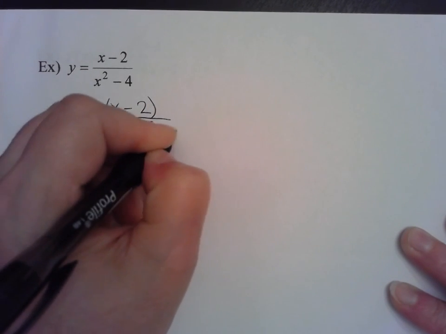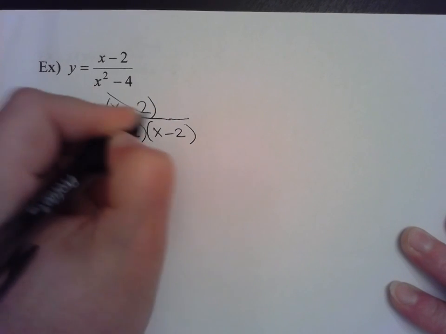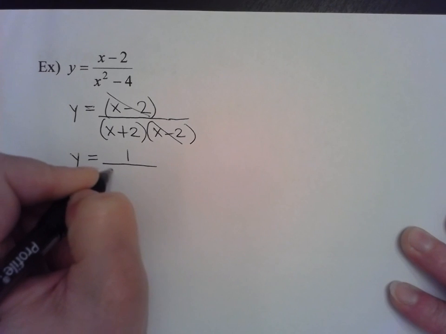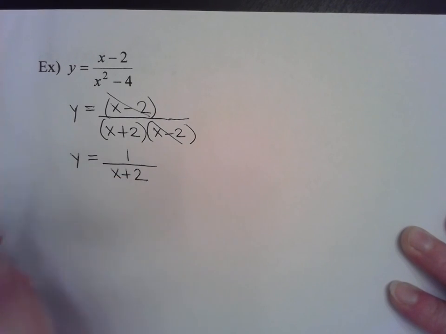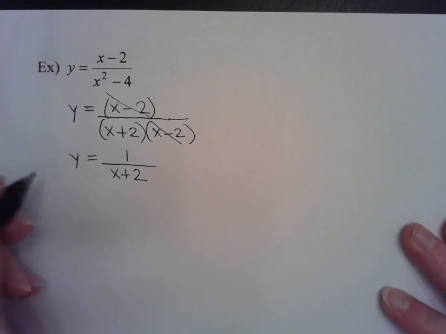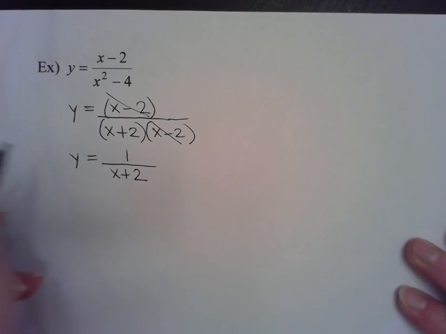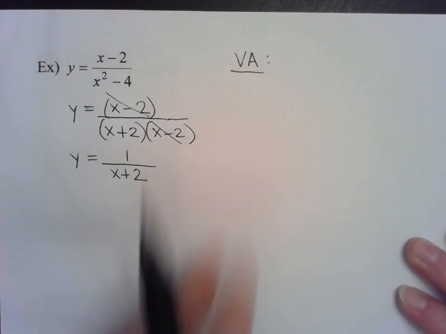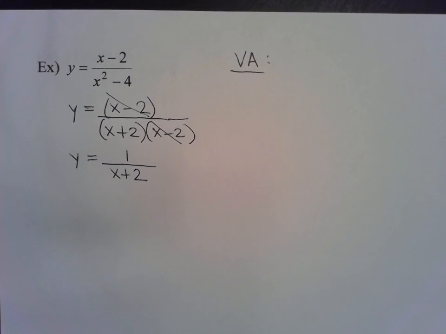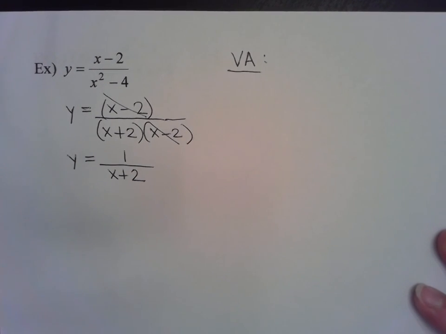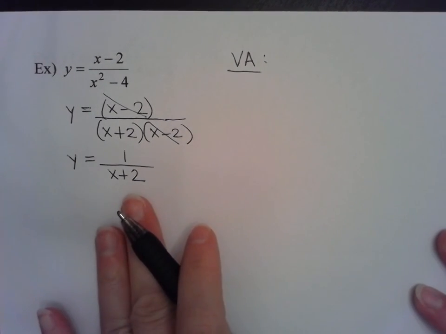I know we just did this, but let's factor this again, and reduce. From here we can find the vertical asymptote. If you look back to the directions that we jotted down for the vertical asymptote, we said we're going to factor and reduce. We just did that.